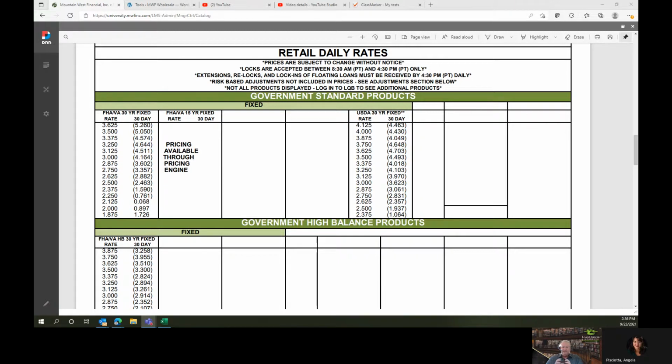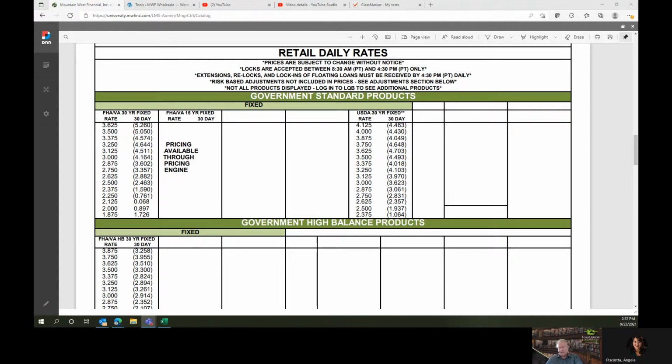Okay. And then the most important thing, and I'm going to summarize this at the end, but you need to look at your adjustments first. You need to do a line by line item adjustment for your scenario. Add up all your adjustments. That answer may end up being a cost, which is a positive number, or a credit rebate, which is a negative number, usually shown in parentheses or with a minus sign in front of it.